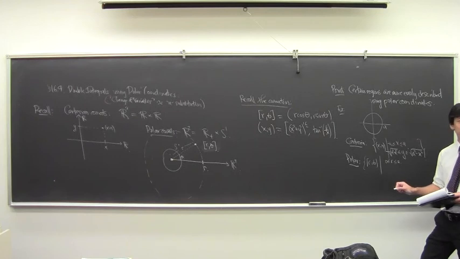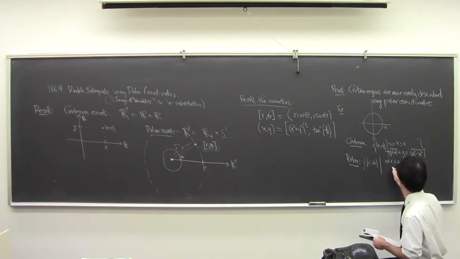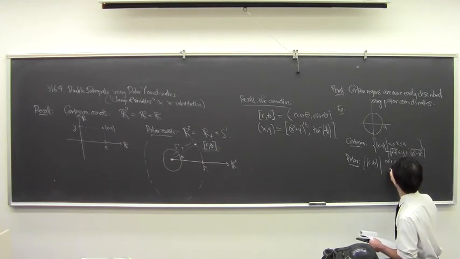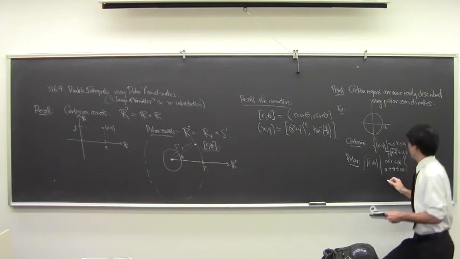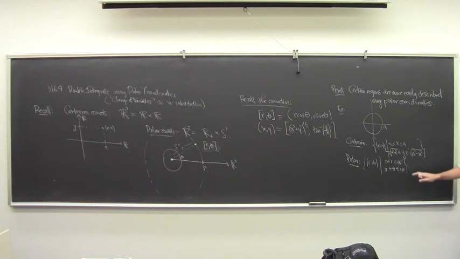And what about theta? Between 0 and 2 pi. So a circle is sort of the analog of a square. The Cartesian square is basically a polar circle. Okay, everybody okay with that?